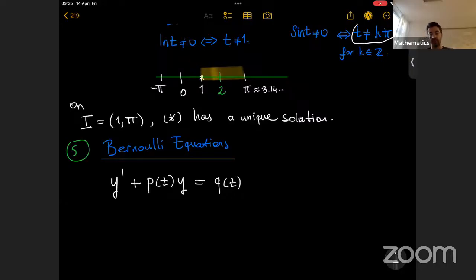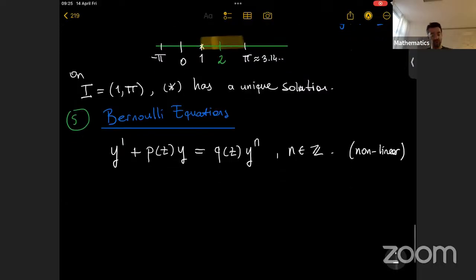You can do it with an integrating factor. But let's say you have here a nonlinear part, y to the n, okay? Y square, y cube, and so on. Here n is any integer. So this is a nonlinear equation, but change the variable.